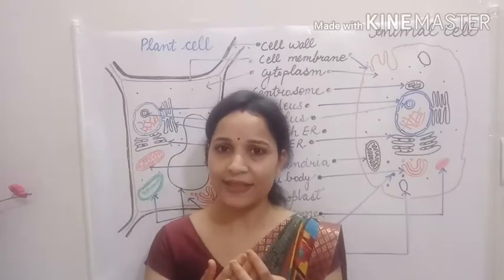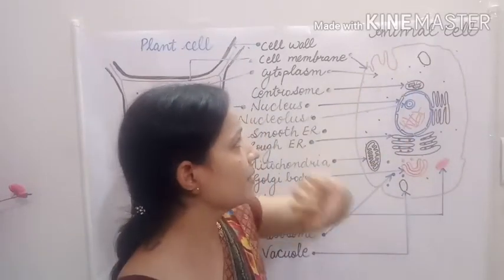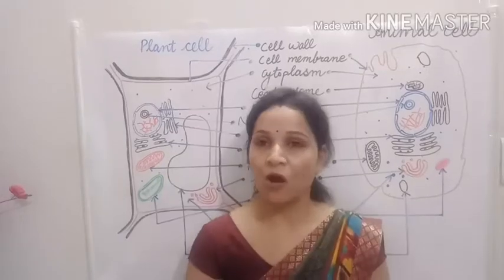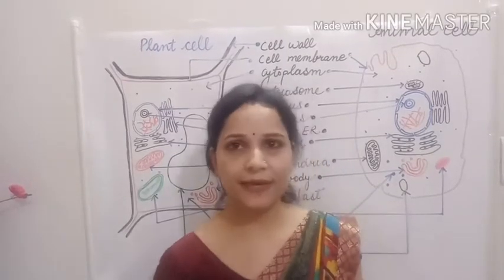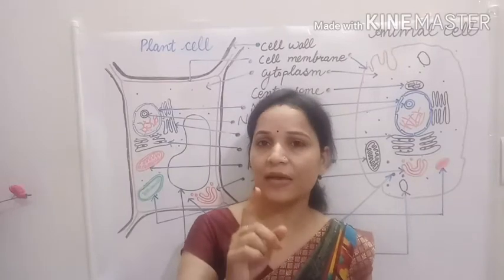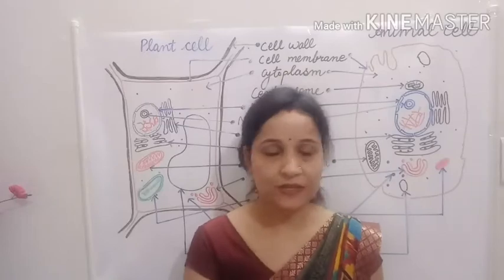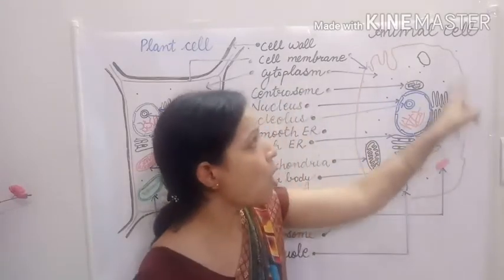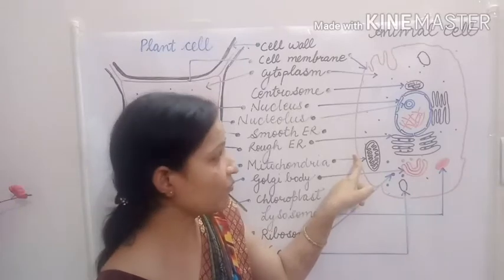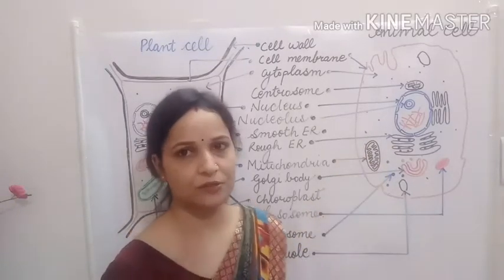Like that, the cell membrane is selectively permeable. One more example: just like a guard standing at a door who allows a member with an identity card to enter and exit, the cell membrane or plasma membrane allows specific substances like water and minerals to pass through it.